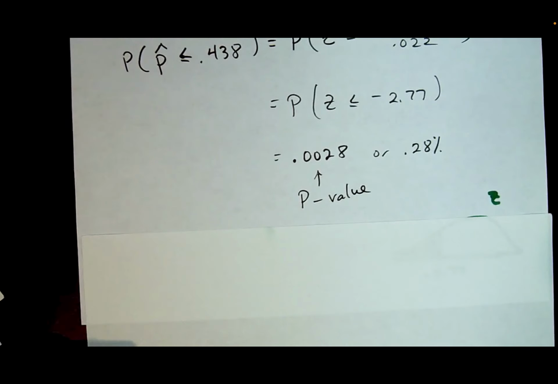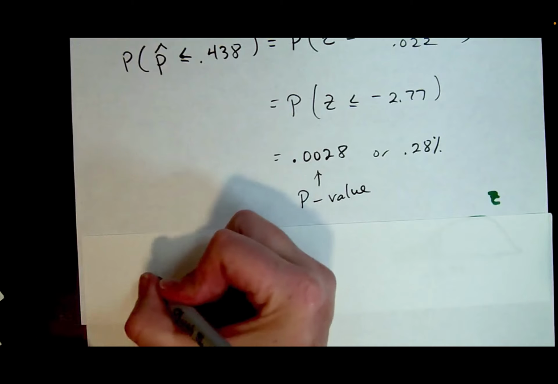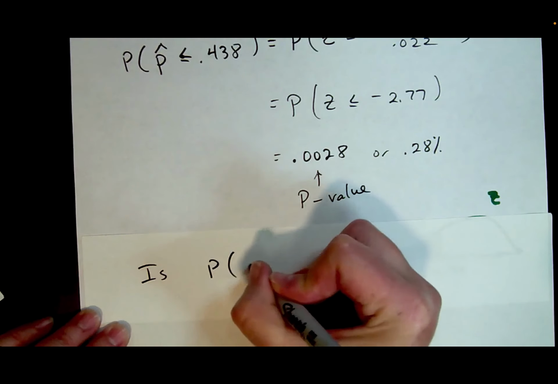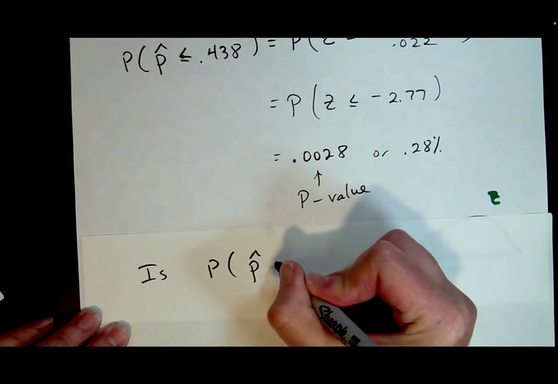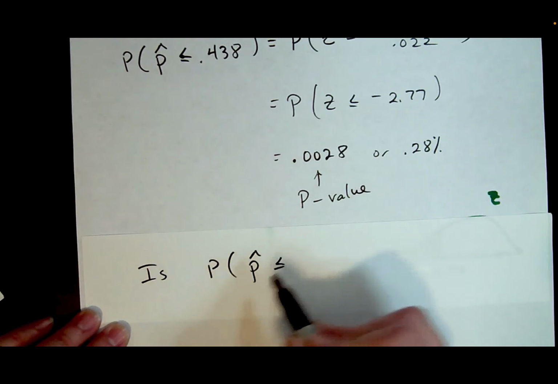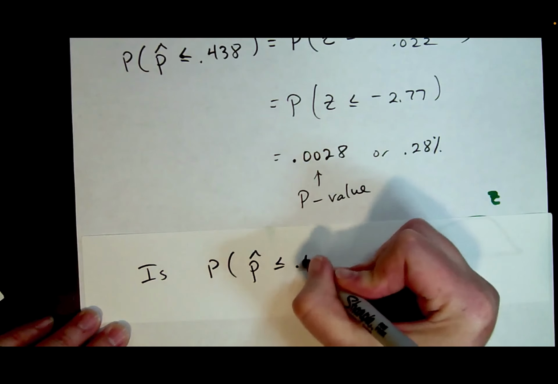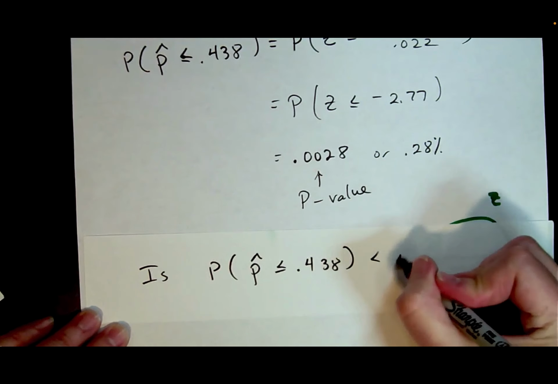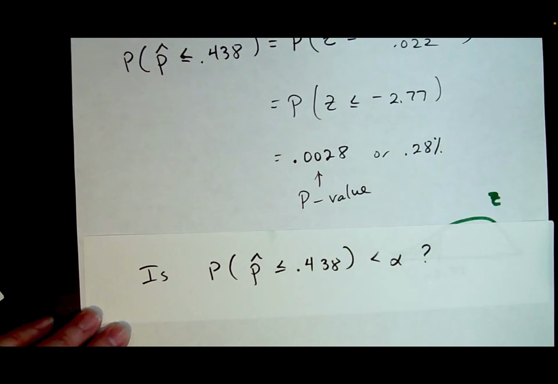So what we have to ask ourselves now is, this p-value, namely the probability that we would have gotten a point estimate that's as bad or worse than 0.438, is that less than the chosen level of significance alpha?